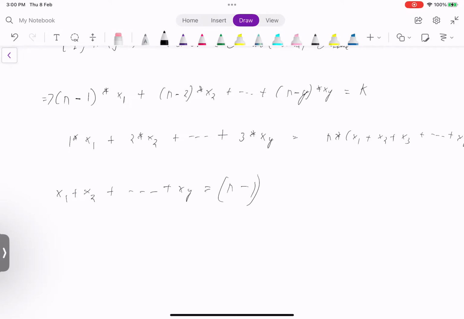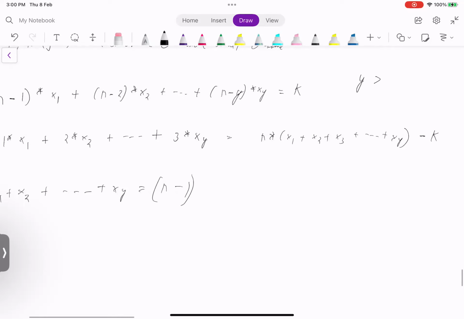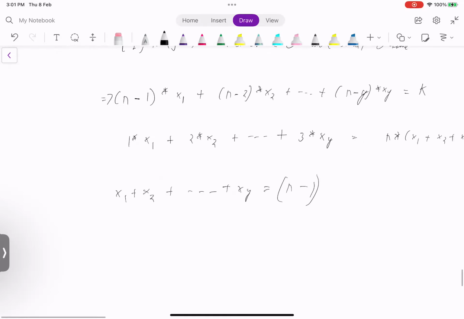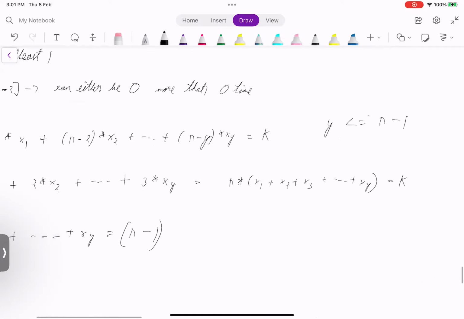And we know that y is some number which is less than or equal to n minus 1, right? Because y can't be equal to n. As from the observations we saw, 0 appears only once. It will appear exactly once.